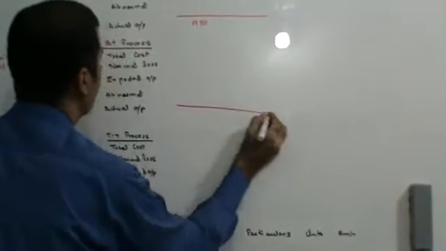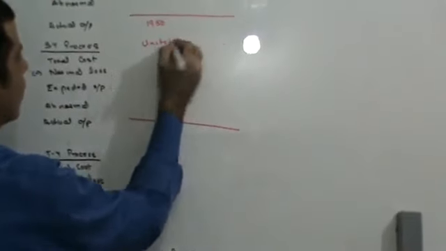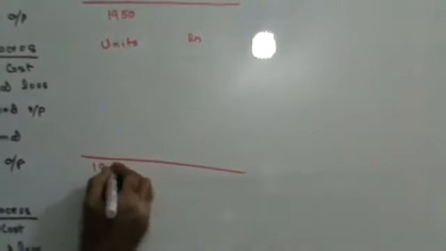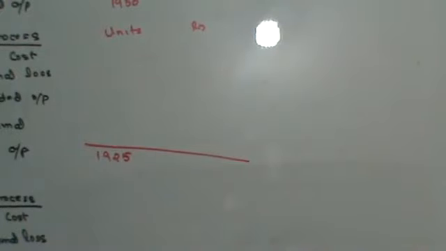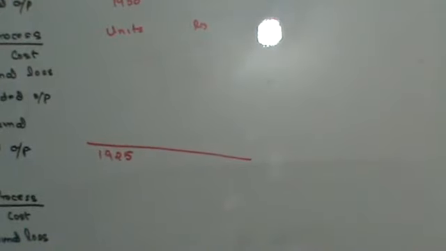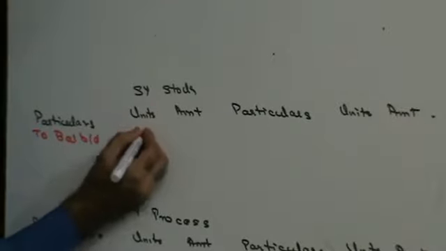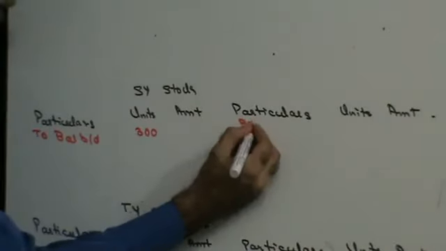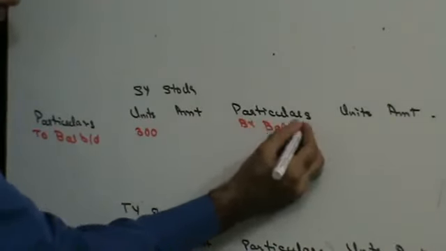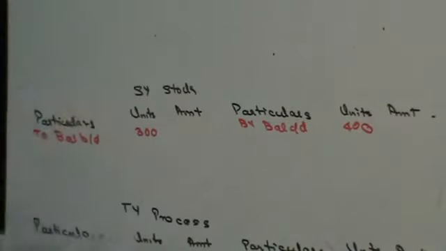In the working note, units, rupees, output during the month is 1925 kgs. Now, SY stock: opening stock is 300 units and closing stock is 400 units.